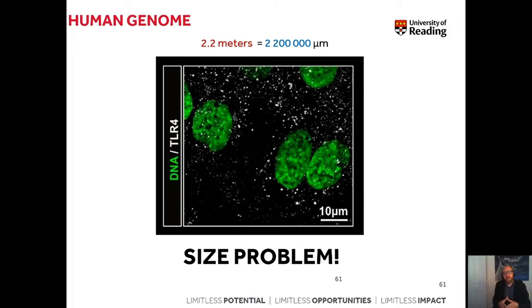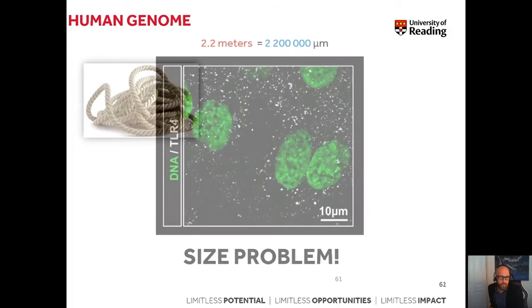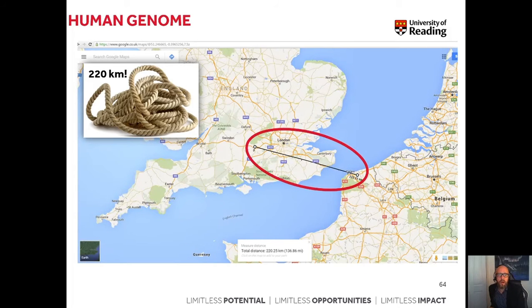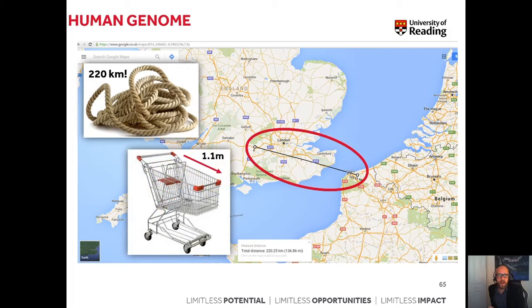This actually generates a huge problem, and in order to highlight this problem, I would like to use an analogy. Fitting such a long molecule of DNA into such a small nucleus is similar to trying to fit a rope which is 220 kilometers long into a shopping cart with a size of 1.1 meters.